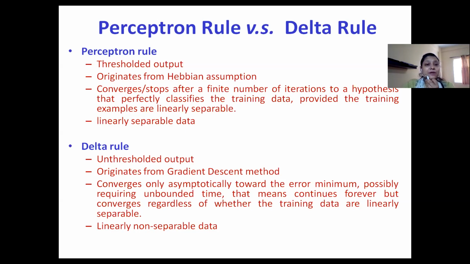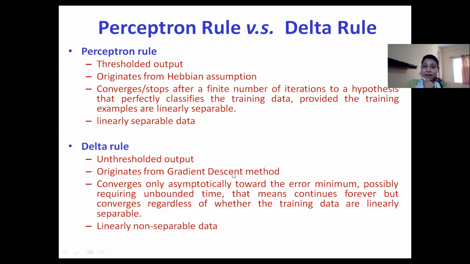Another thing is, this perceptron rule originates from Hebbian rule, Hebbian assumption, you can see. But on the contrary, this delta rule originates from gradient descent method. That means automatically there must be some difference between this Hebbian rule and the gradient descent method.